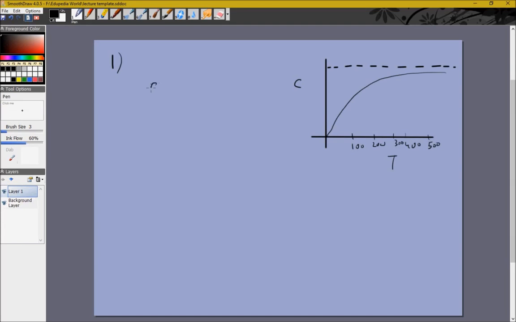So we know that dq is equal to mc dt, or the standard definition of C, which is dq by dt is equal to mc. So this is basically the curve of the slope of the q versus t graph. The slope of the q versus t graph initially is 0, and then it is increasing, and finally it reaches a constant value. So let's look at all the options.